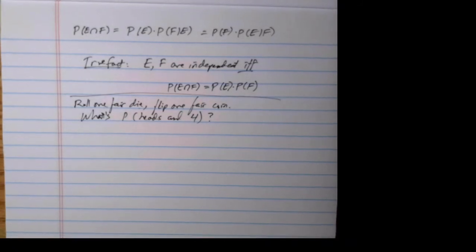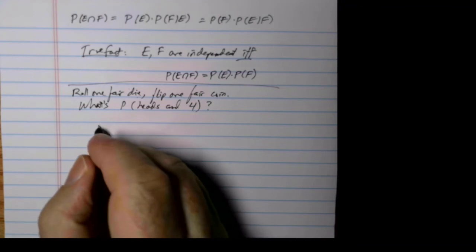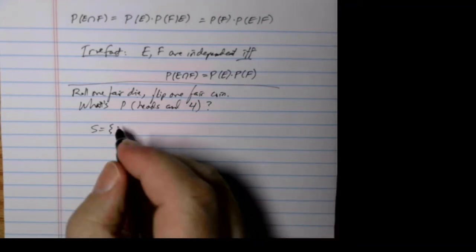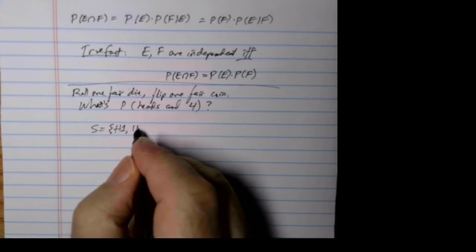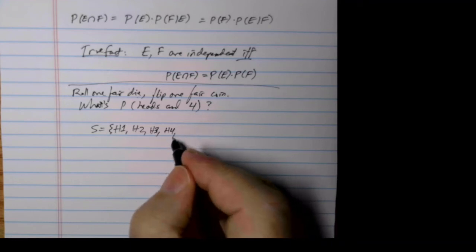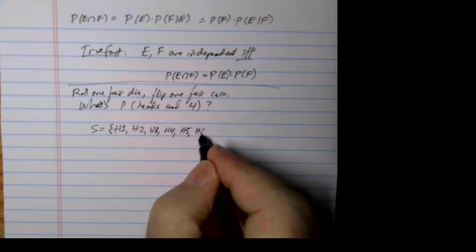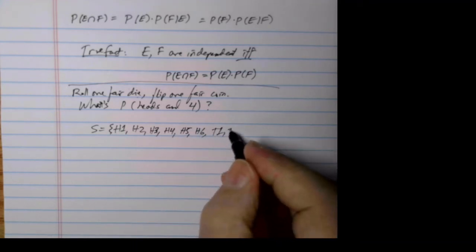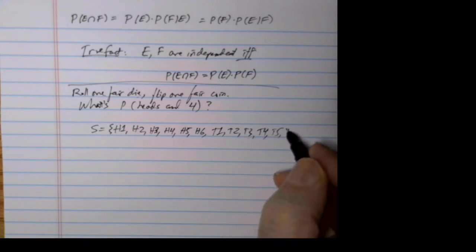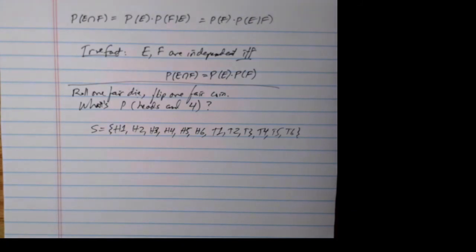I want to do this two different ways, actually. First thing I want to do is write out the entire sample set. Right? You got a coin, you got a die, so you can get heads and a 1, heads and a 2, heads and a 3, and so forth. And the same thing for tails. Okay, that's the whole sample space.